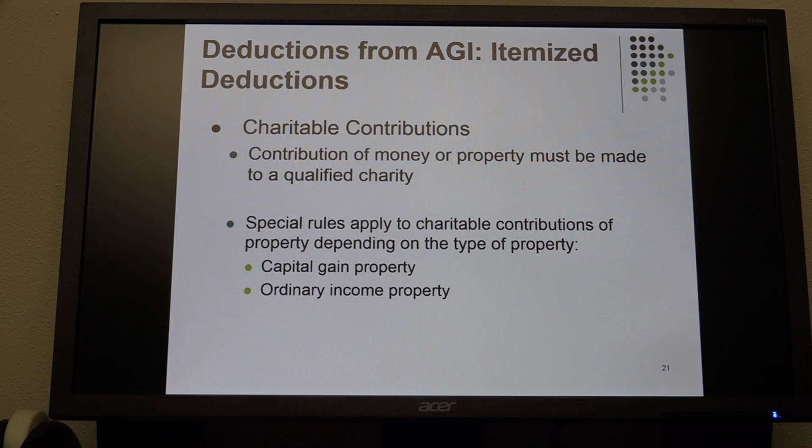But usually that doesn't become an issue unless you give a lot of money away or you're contributing, let's say, a painting that turns out to be a Van Gogh or a Renoir or something like that. Not that I know much about paintings, but just two names I remember.